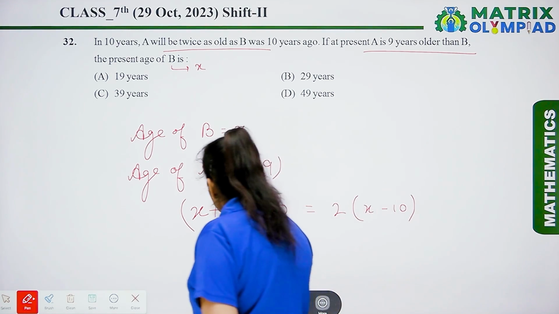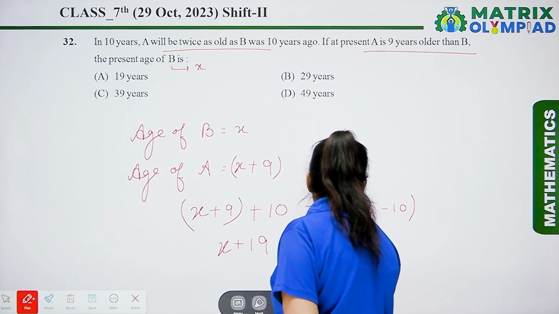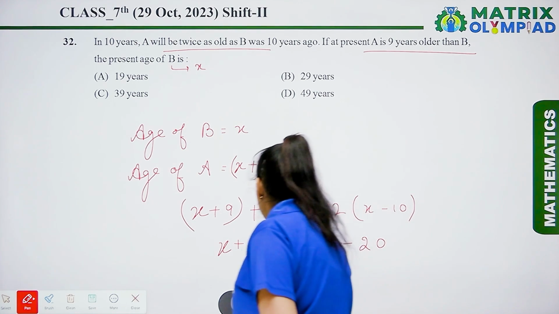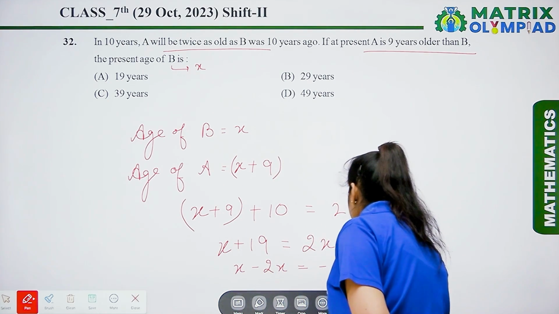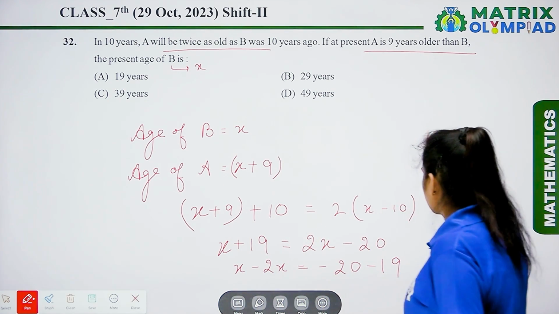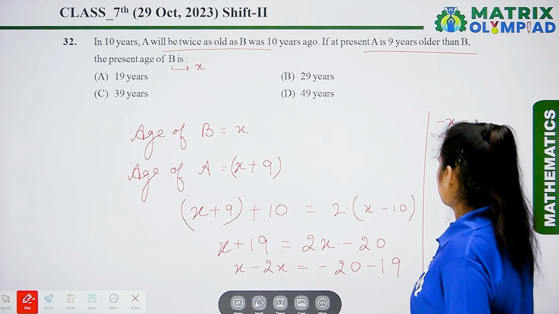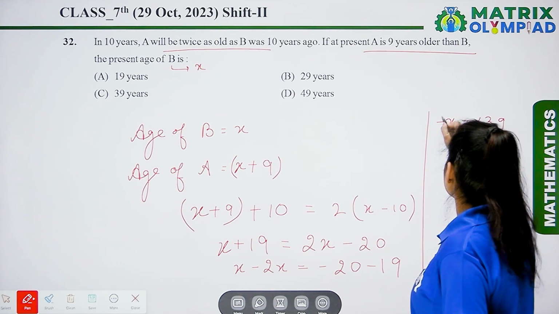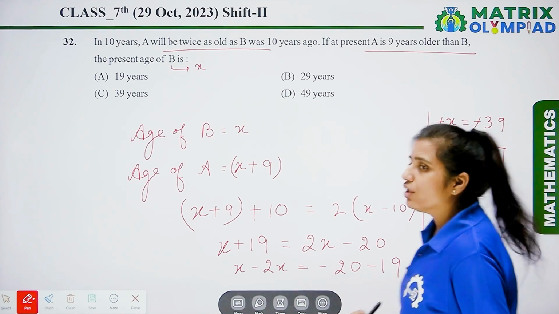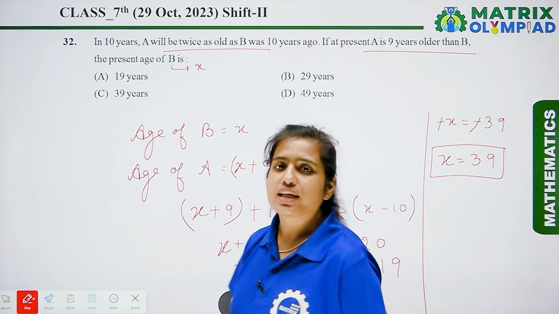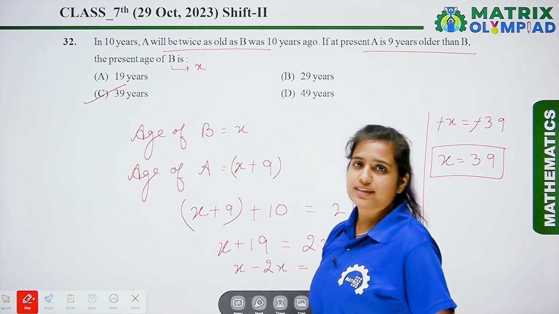Let's solve it. x plus 19 is equal to 2x minus 20. So the age of B is 39 years. Here option C is the correct answer.